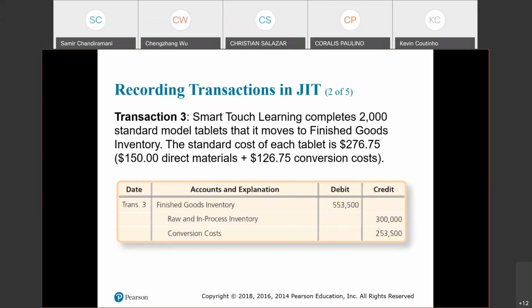This account is credited for the direct materials. And the second credited account is conversion cost. This account is credited for labor cost and indirect costs allocated to the finished goods inventory.